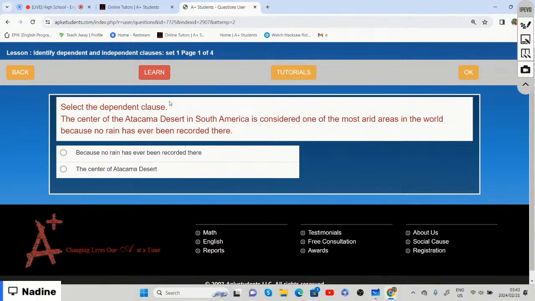So we need to select a dependent clause. It says, because no rain has ever been recorded there, or do we say the center of the Atacama Desert?